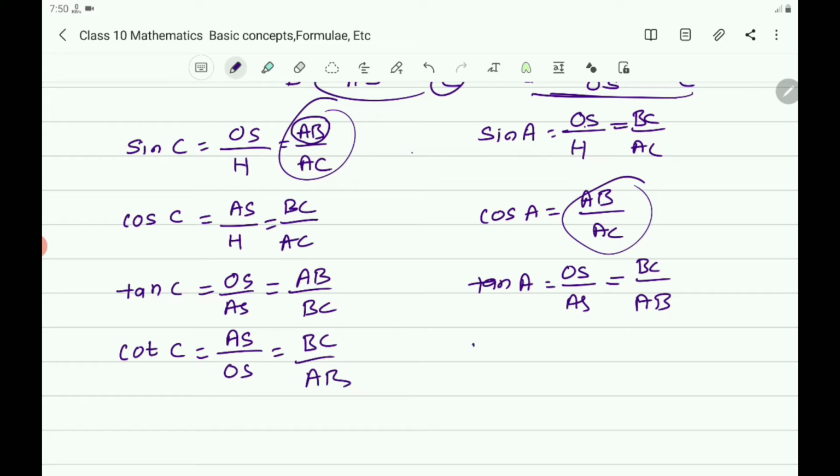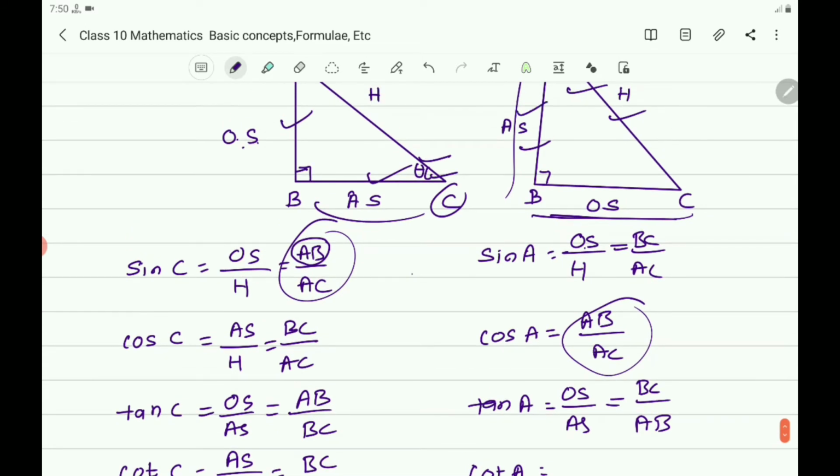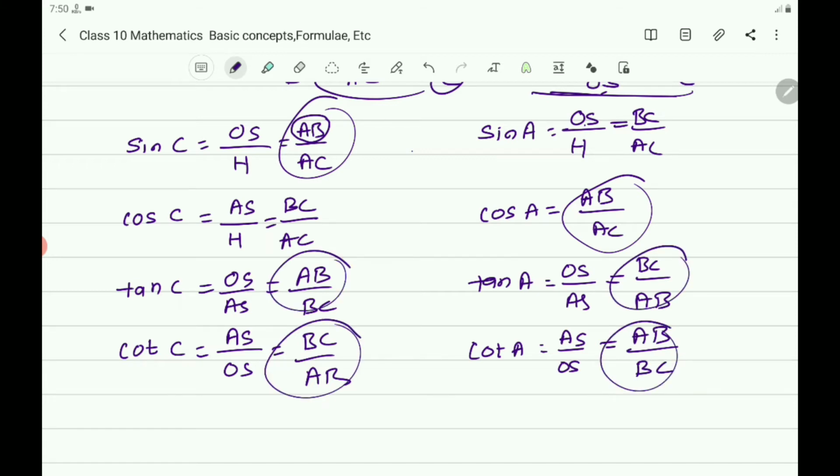And for cot A, again adjacent side by opposite side, that is what you will get. Here the adjacent side is AB by BC. See the difference here. These two are the same. These two are the same.